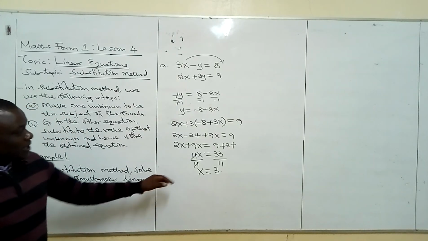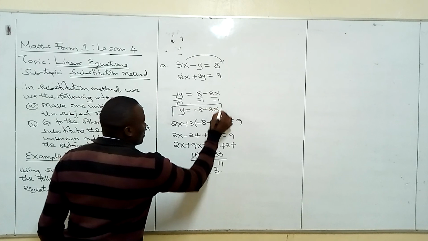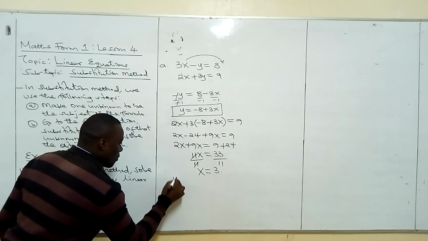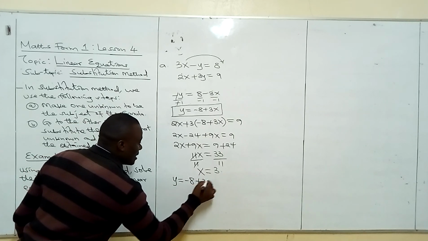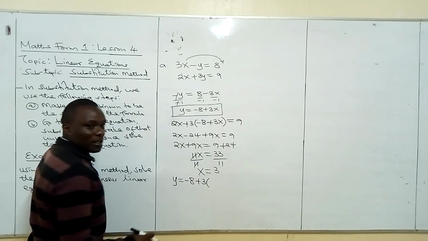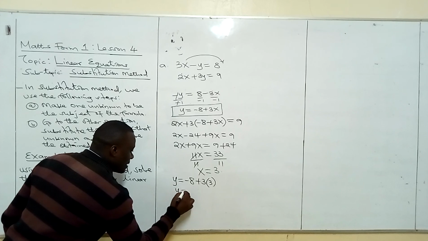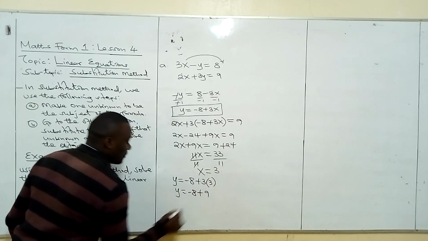So once you obtain your x as 3, we go back to where we made y the subject, and then say y is equal to minus 8 plus 3 into, where there is x, we substitute that x with 3, which is our answer for x. Then we will have y is equal to minus 8 plus 3 times 3 is 9.